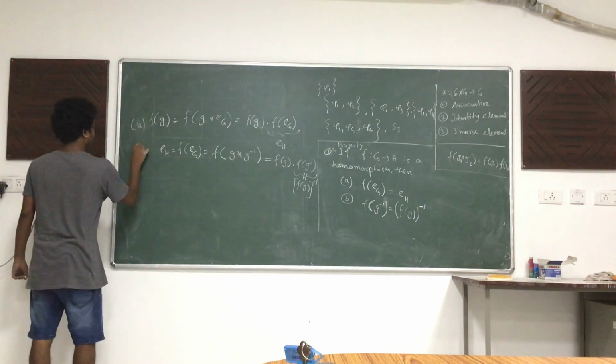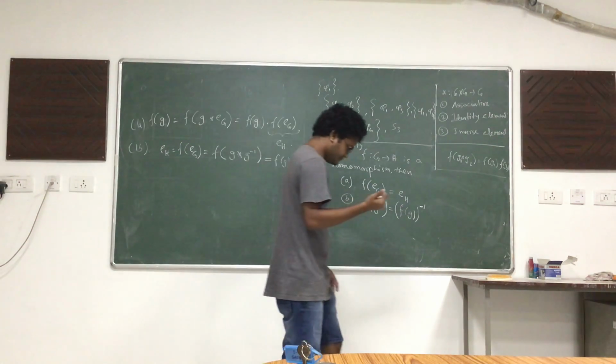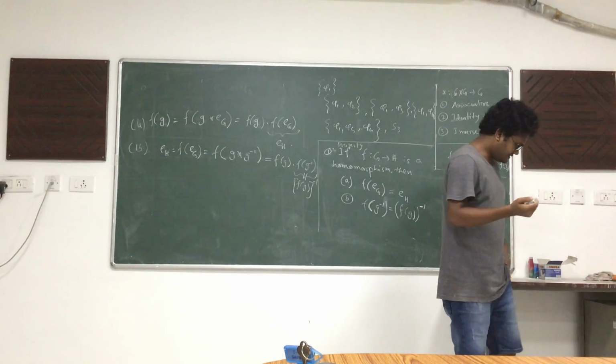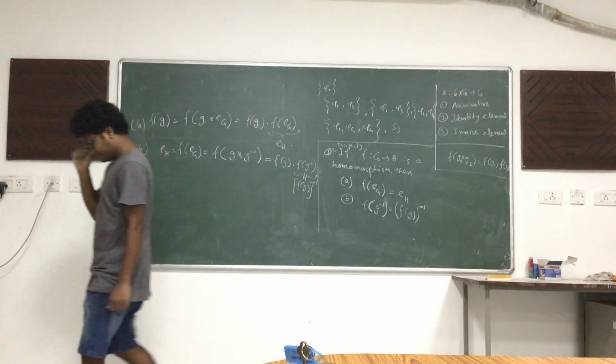I think this is fine. What else do we need to cover in homomorphism? The cardinal thing should be covered now or later.